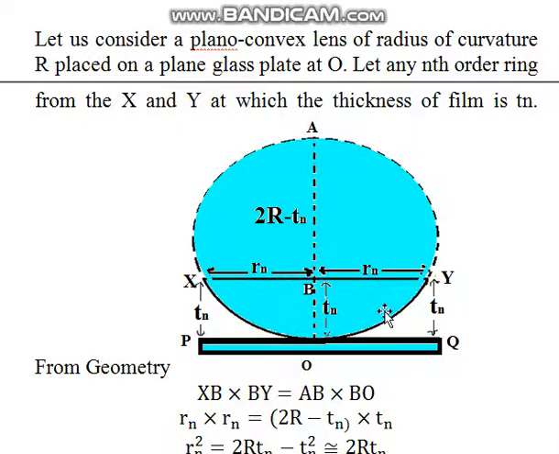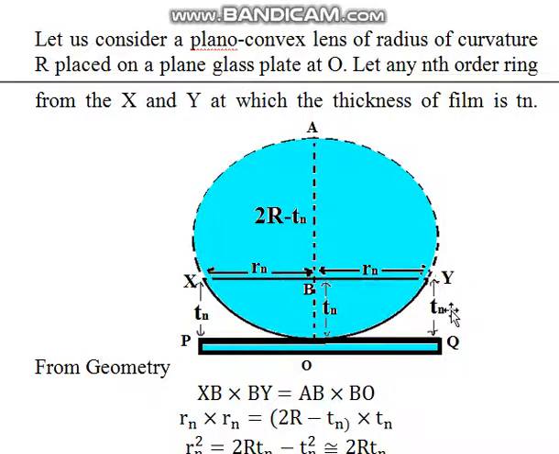You know that the inclined film has variable thickness. At the point of contact the thickness is 0, and suppose the nth order ring which I consider for our problem has the film thickness, air thickness or medium thickness, small tn.